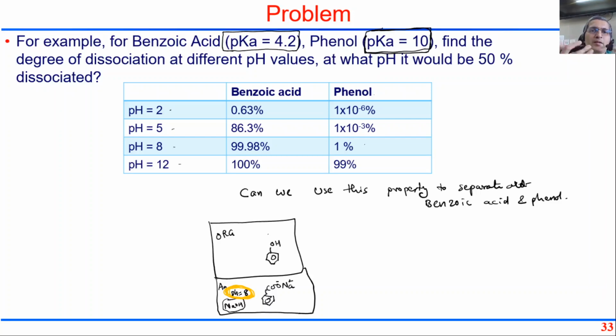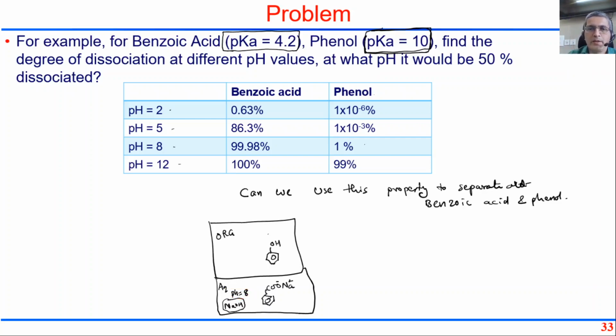I extract from the organic phase into the aqueous phase whichever acid is the stronger acid. Do you agree with that? That is the principle of dissociation extraction.